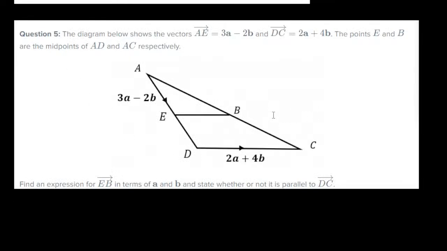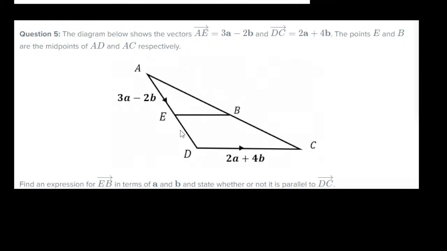The diagram below shows the vectors AE and DC. The points E and B are the midpoints of AD and AC respectively. Find an expression for EB in terms of a and b and state whether or not it is parallel to DC.